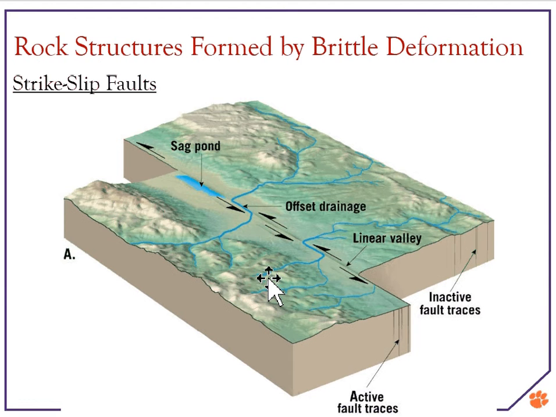When we stand on one side of the fractured surface and look at the other side, if the side across the fractured surface moves towards the left, we call this a left-sided strike slip fault. And if it moves towards the right, we call it a right-sided strike slip fault.